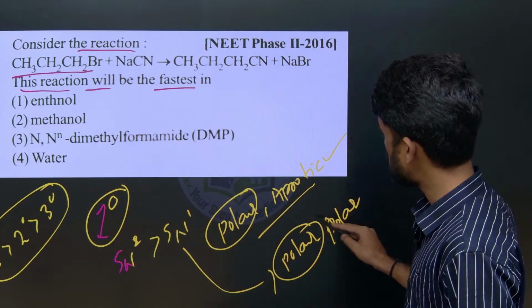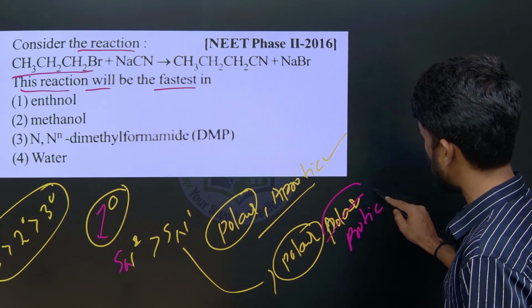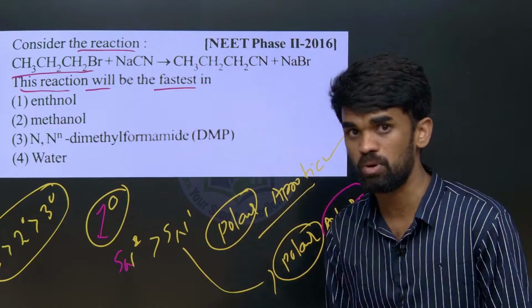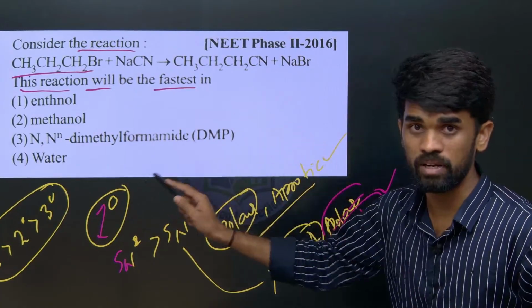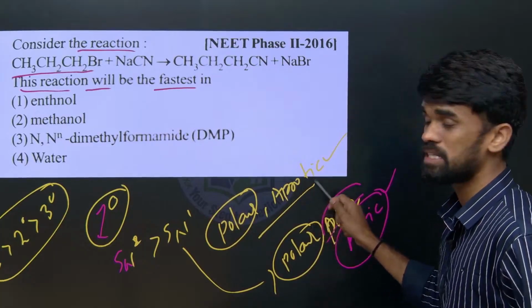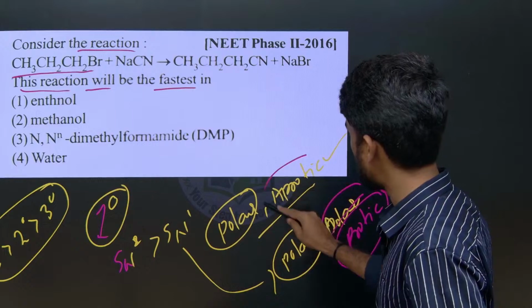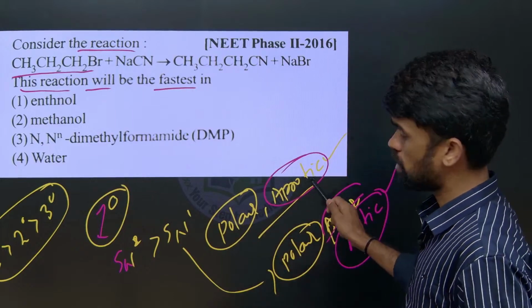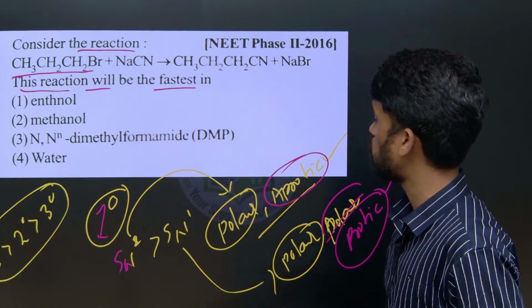And if it is a protic solvent, it means it should form hydrogen bonds, and that favors SN1. If it is an aprotic solvent, it won't show hydrogen bonding character, and that favors the SN2 mechanism. So SN2 is favored by polar aprotic.